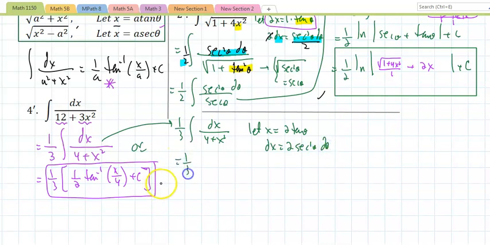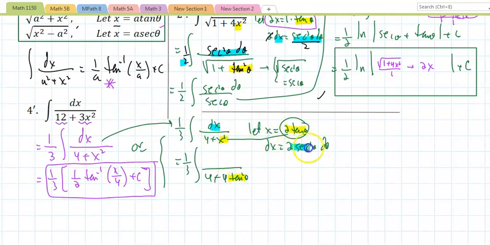This would be 1/3 the integral of 4 plus, and if you square this, you get 4 tangent squared of theta. And dx is simply twice the secant squared of theta d theta. If I clean this up, this would be 1 over 3.